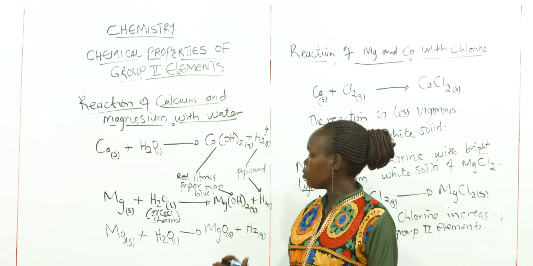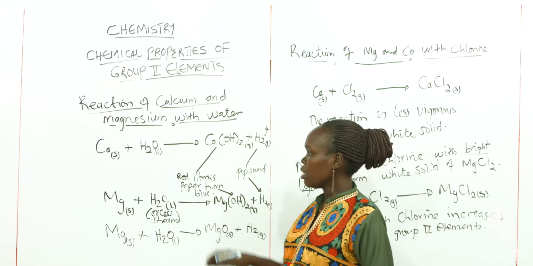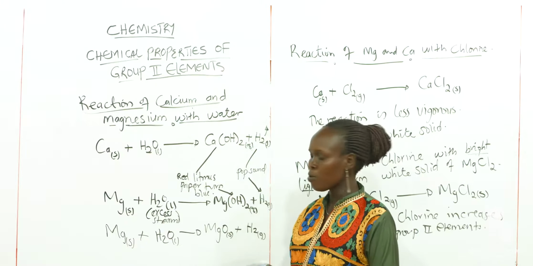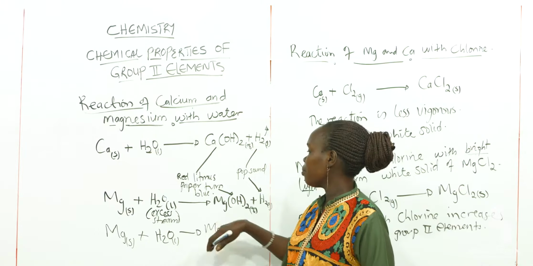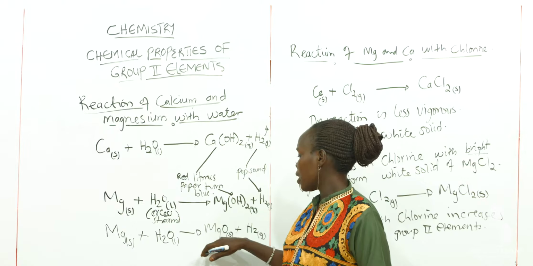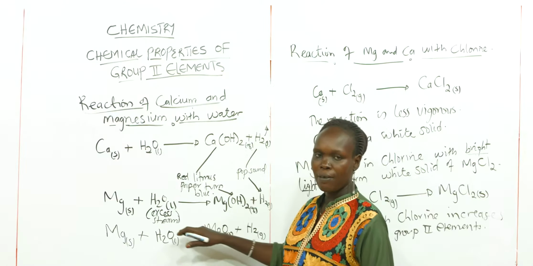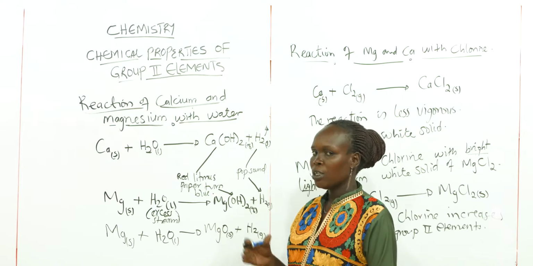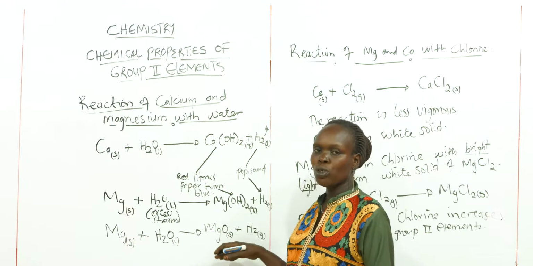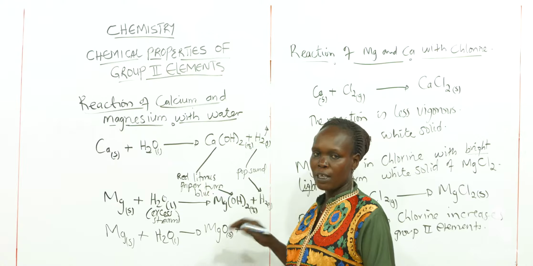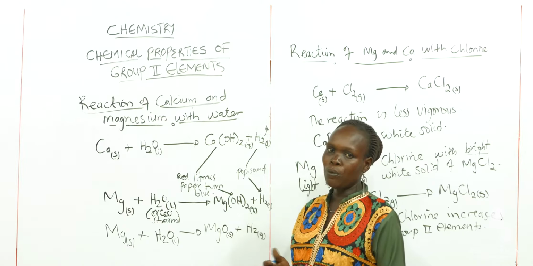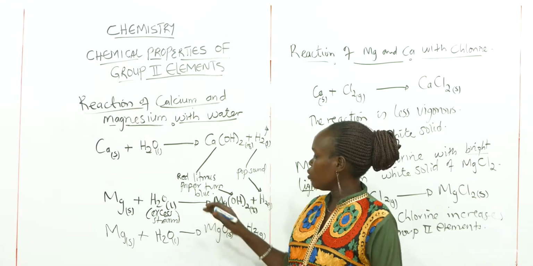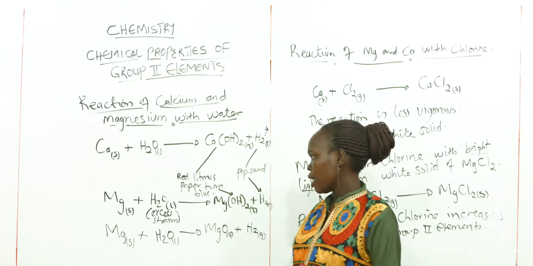That is why it has been shown here that magnesium, because it is less reactive compared to the rest of the elements below it in the group, will form magnesium oxide when you have steam or when the water is a bit cold, the reaction will be very slow and it will give us magnesium oxide. But when you boil the water and increase the amount of water, it will give us magnesium hydroxide.